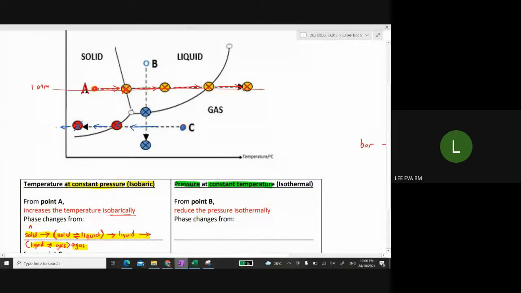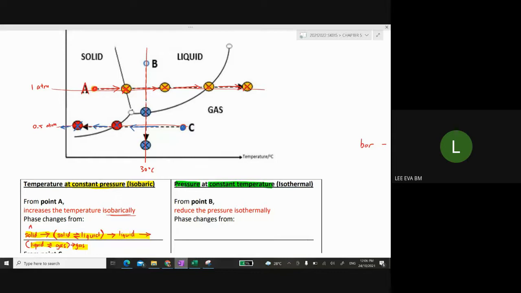Let's say this one is 0.5, so I keep the pressure at 0.5 atm only. But if I want to make it constant temperature, or isothermal, I need to keep the same temperature. So let's say over here, same temperature starting from point B. Let's say this is 30 degrees Celsius, for example. So we look at 30 degrees Celsius only, but the pressure will change.